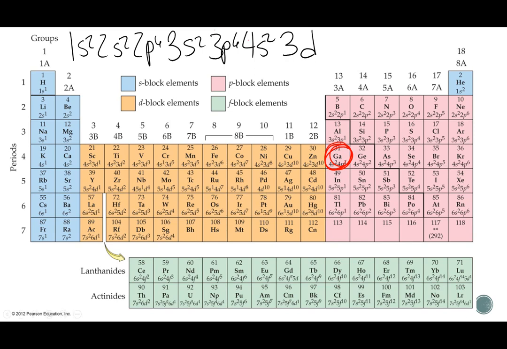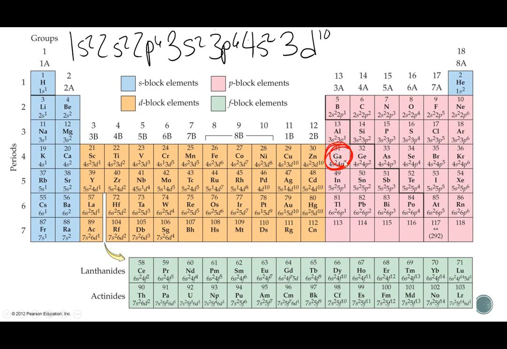And how many electrons did we put into 3d? 1, 2, 3, 4, 5, 6, 7, 8, 9, and 10. 10 electrons. Okay. And this isn't our destination, so we still have one more electron to find a home for.